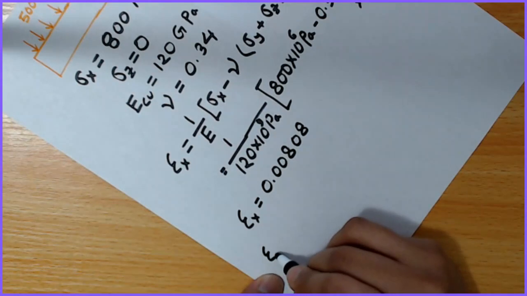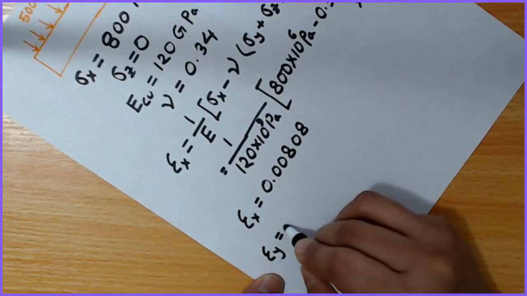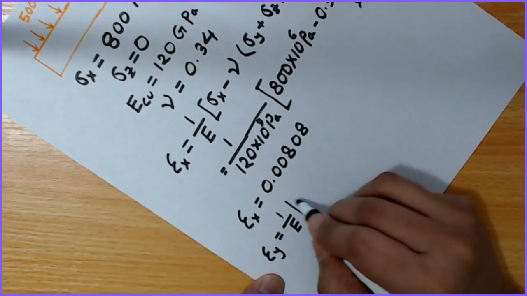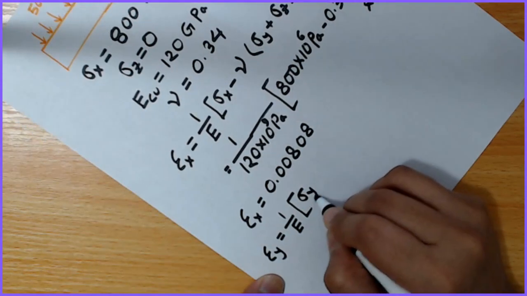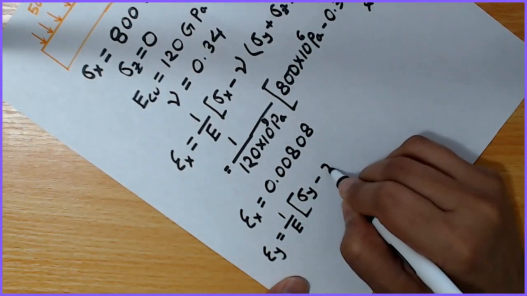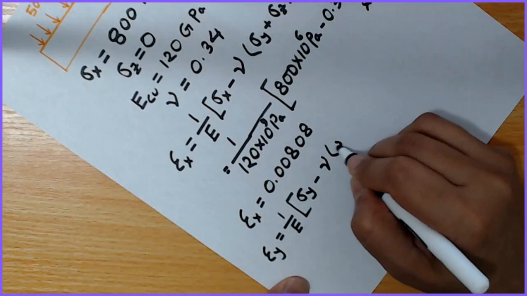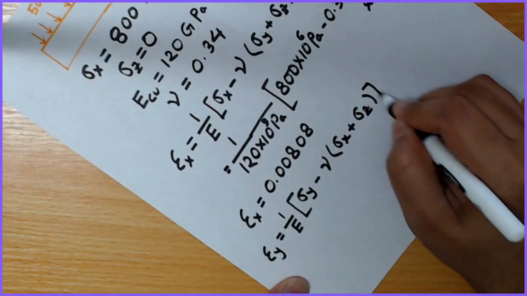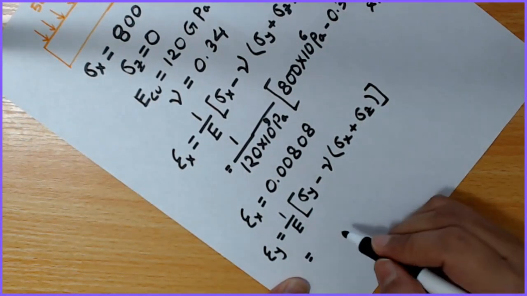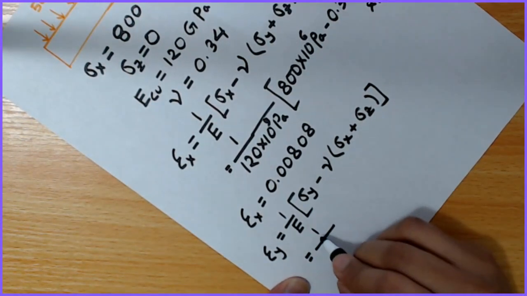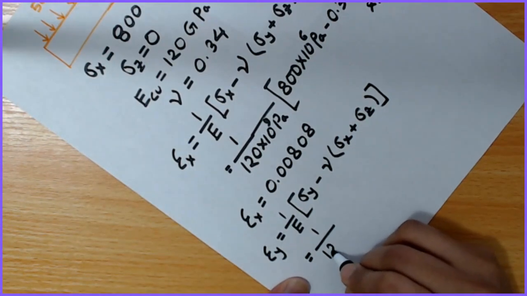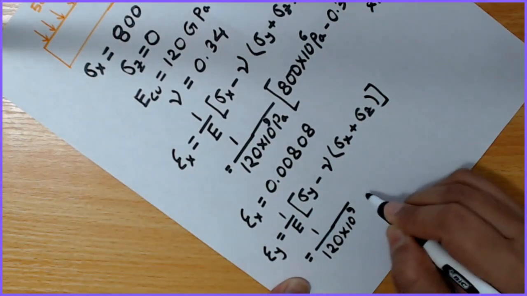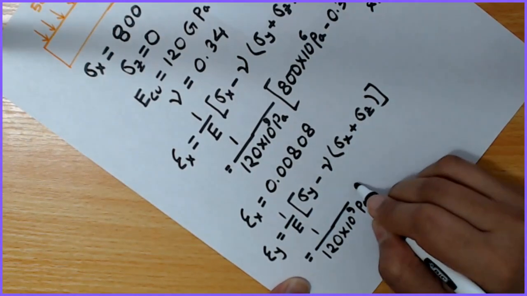Similarly for epsilon y, our governing equation is 1 by E (sigma y minus nu multiplied by (sigma x plus sigma z)), which is 1 by 120 into 10 to the power 9 Pascal.